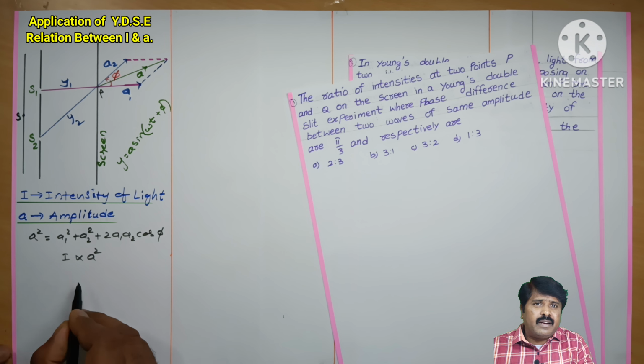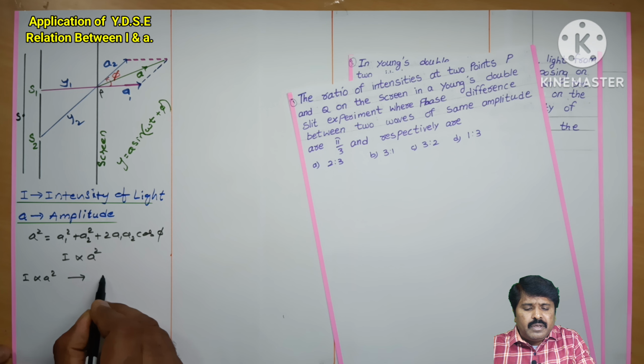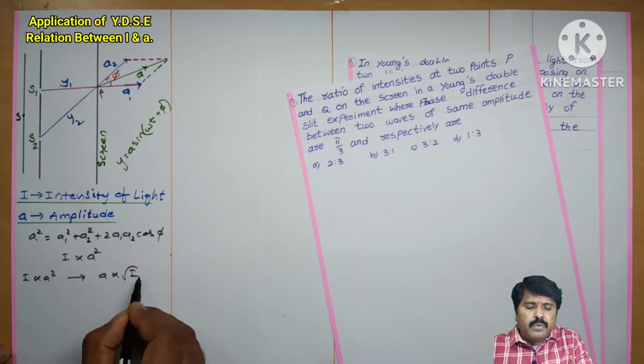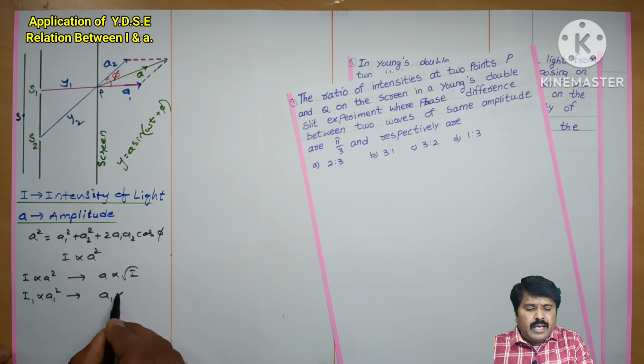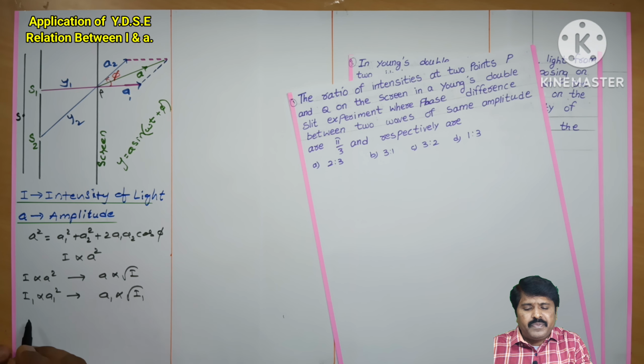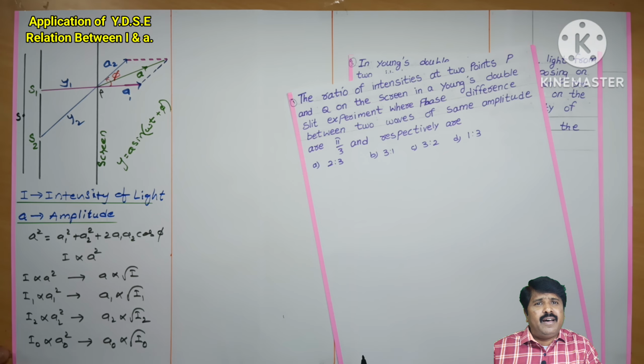So here I can write step by step, I is directly proportional to A square, and A is directly proportional to root I. Also I1 is directly proportional to A1 square, so I can write A1 is directly proportional to root I1, and next I2 is directly proportional to A2 square, so A2 is directly proportional to root I2, and I0 is directly proportional to A0 square, then the amplitude A0 is also directly proportional to root I0.